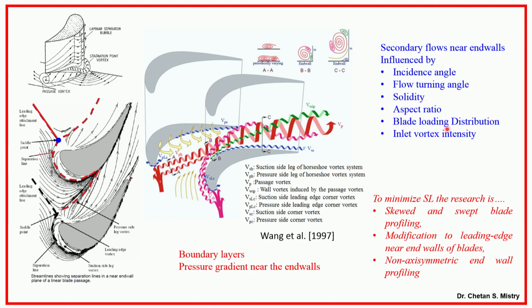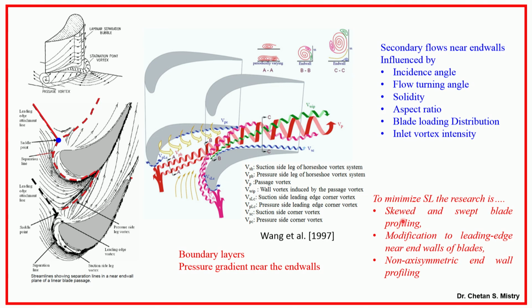Then we have the blade loading distribution, which also plays a role. That is defined in terms of the curvature of the blade and the inlet vortex intensity. This inlet vortex intensity is defined in terms of what is there upstream. Now, in order to minimize this secondary flow, a lot of research and development activity is going on.